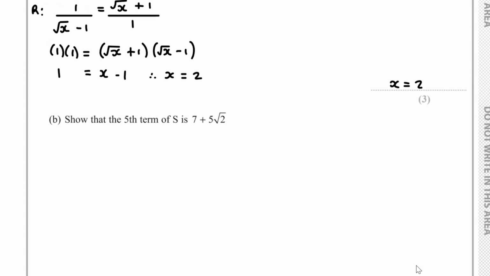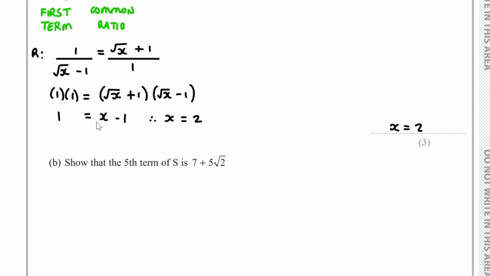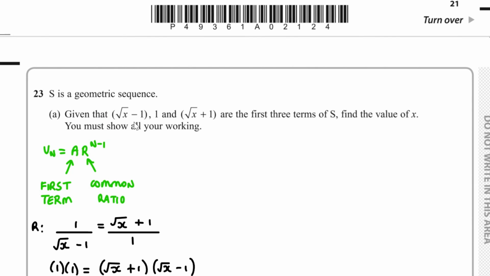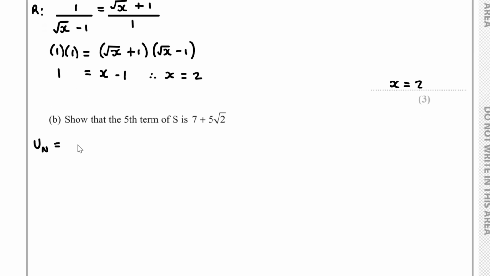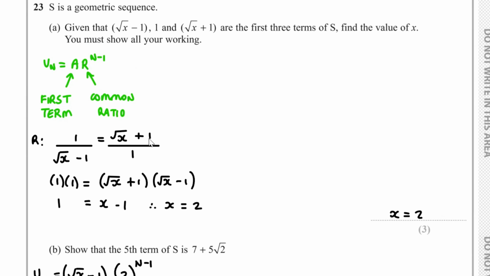And now for part B, we have to show that the fifth term is 7 plus 5 root 2. So if we substitute back into here, un is equal to a, the first term, which is root x minus 1, multiplied by the common ratio, 2, and we're raising this to the power of n minus 1. Okay?